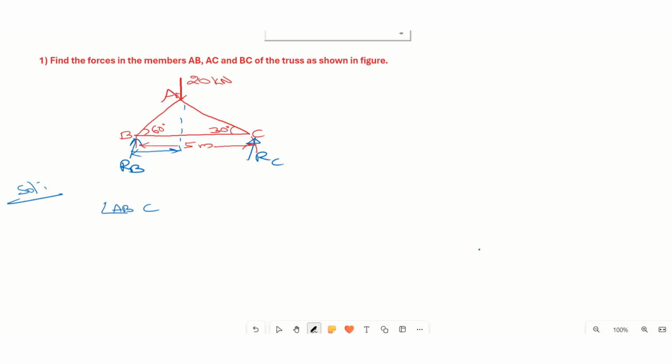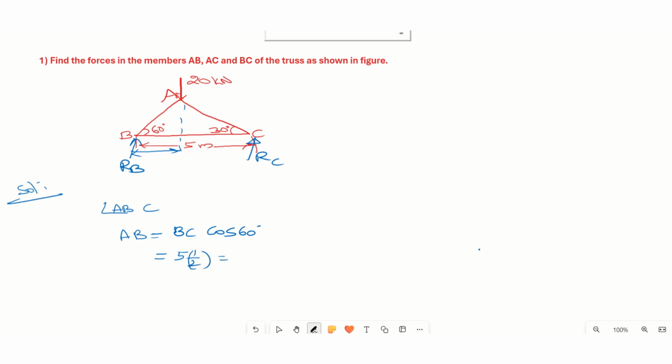Here we know the length BC, and this is the horizontal angle. So you can write AB equals BC cos 60 degrees. BC is 5 meters, cos 60 is 1 by 2.